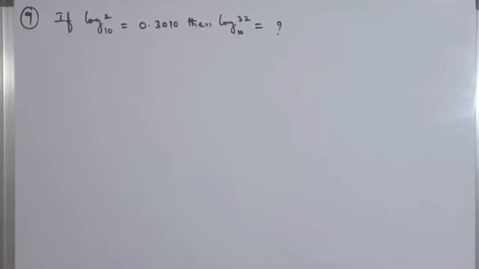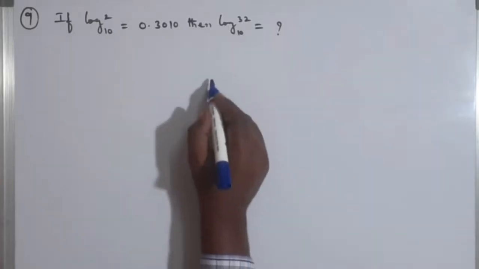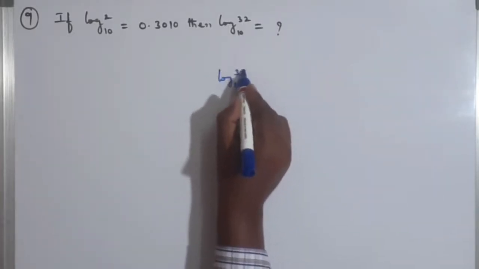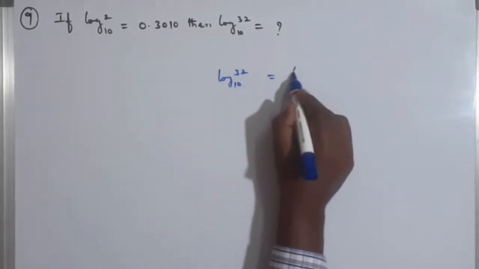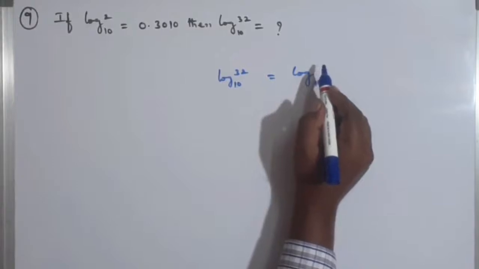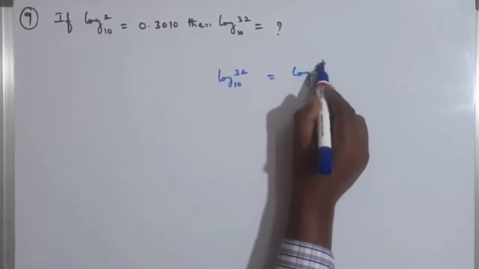Next question: given log base 10 to 2 equals 0.3010, find the value of log base 10 to 32. Log base 10 to 32 can be written with 32 prime factorized as 2 raised to the power of 5.